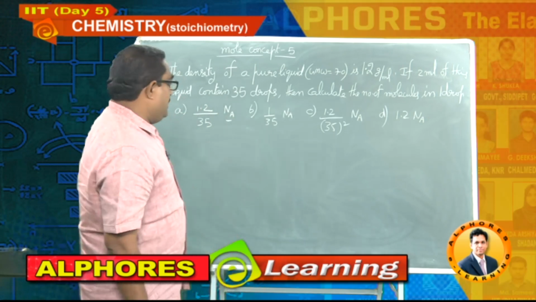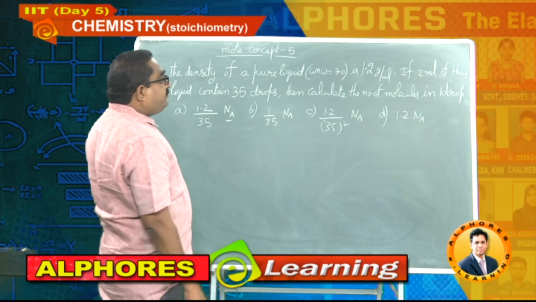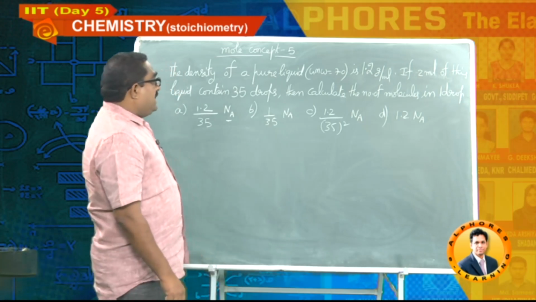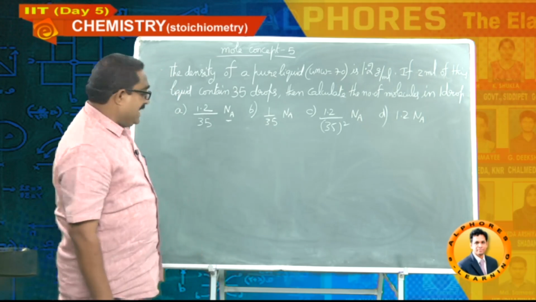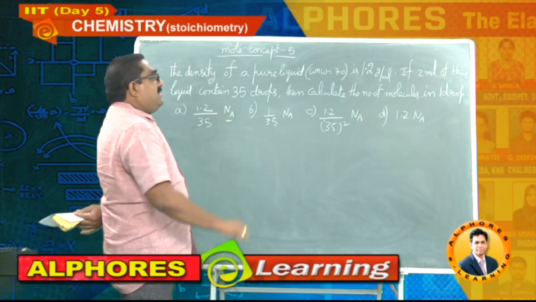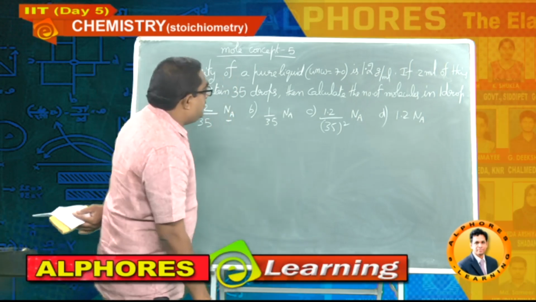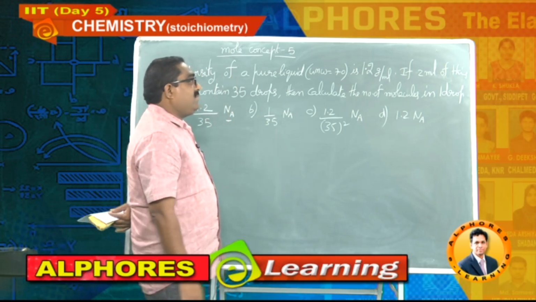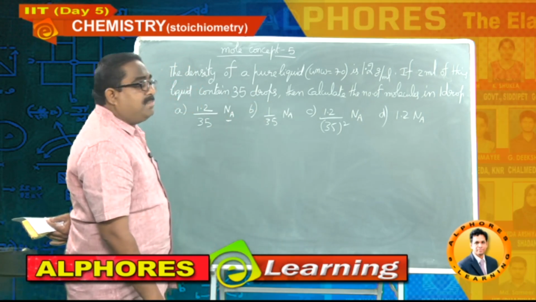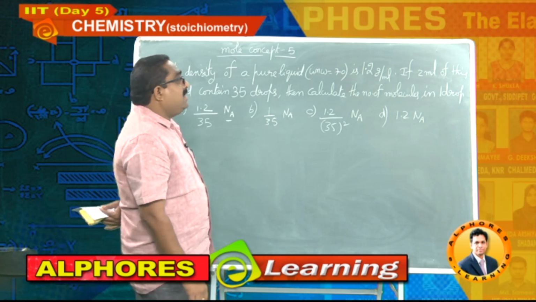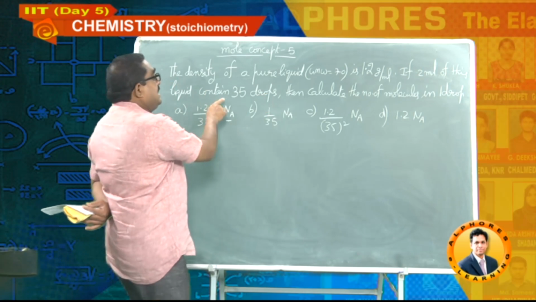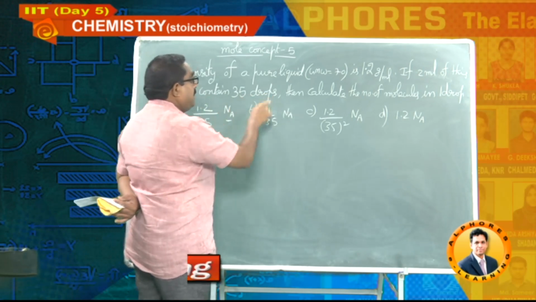We know it very well. Okay, now let me go for the solution of this numerical question. He has given a liquid with molar mass 70, and the density also is given as 1.2 gram per ml. And out of that he has taken only 2 ml of this liquid, which contains 35 drops.